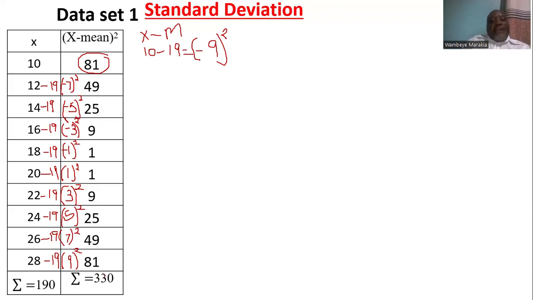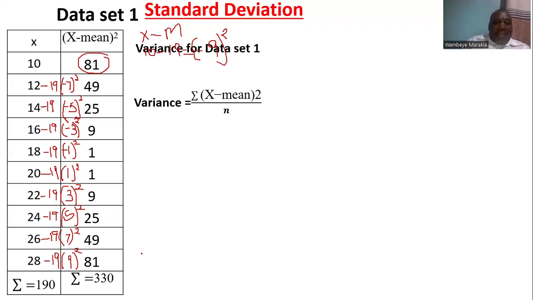Now, in calculating the standard deviation, you first of all have to start with calculating the variance. So the variance will be the summation of x minus mean squared, and this is what I'm having here, 330, all over the sample size here, which is 10.